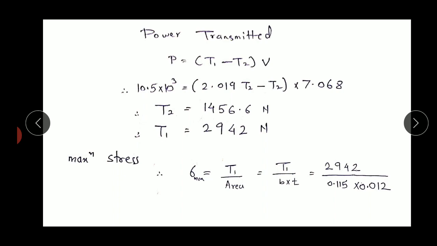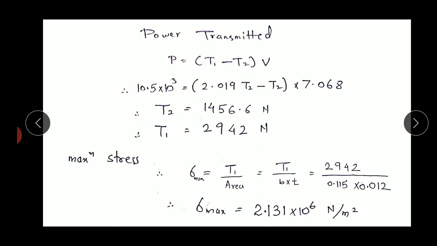Put all the values here in the denominator in terms of meters only, so all units are in SI units. So maximum stress you will get 2.131 into 10 raised to 6 newton per meter square. Remember the unit of stress, newton per meter square. You can also write it as pascals. So sigma maximum is 2.131 into 10 raised to 6 pascals or 2.131 megapascals.